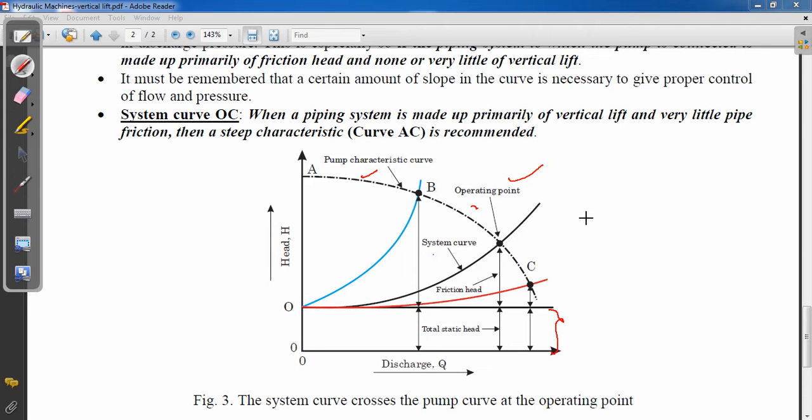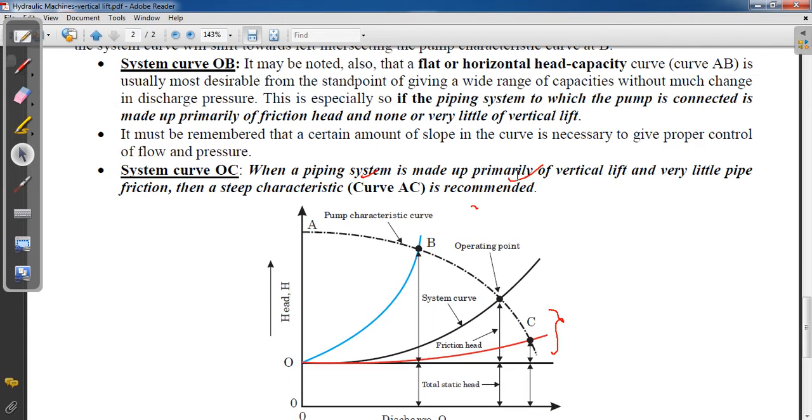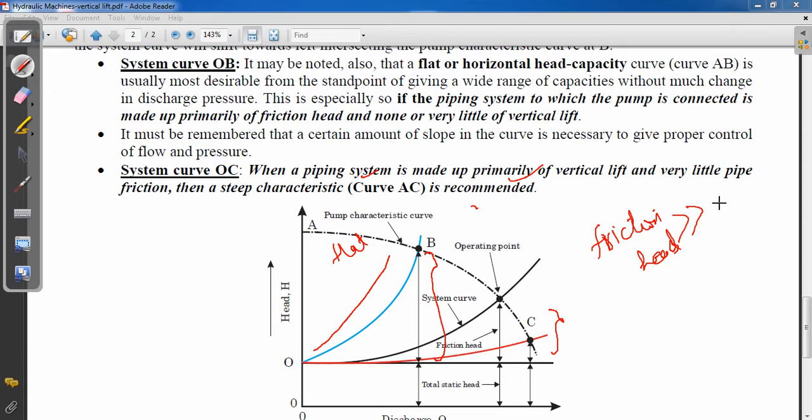So if we see the system curve OB, the pump characteristic curve AB looks flat. But for what condition? When the friction head is greater than the static head or vertical lift, we get a flat type of pump characteristic.